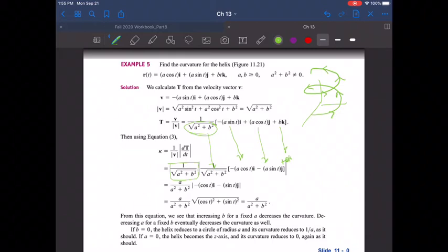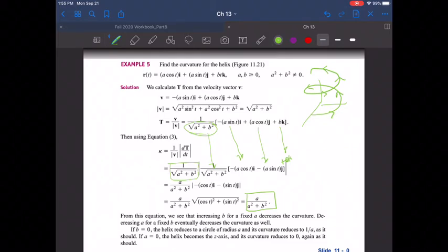And then you have a over a squared plus b squared times negative cosine t in the i direction minus sine t in the j direction. And then you end up with that final result there. You take those square roots, cosine squared plus sine squared is going to equal 1, because we're doing the magnitude of it, and so you just end up with a over a squared plus b squared.